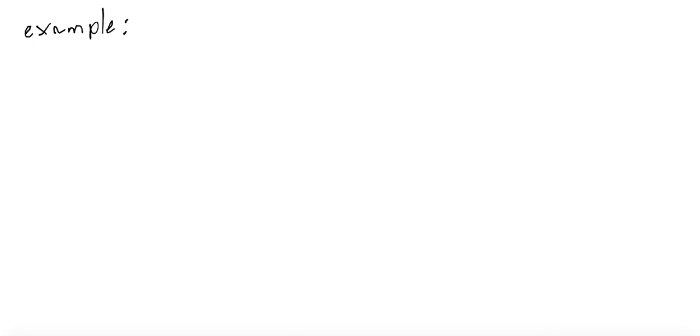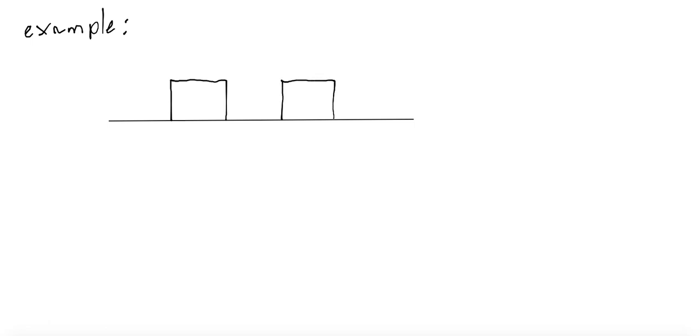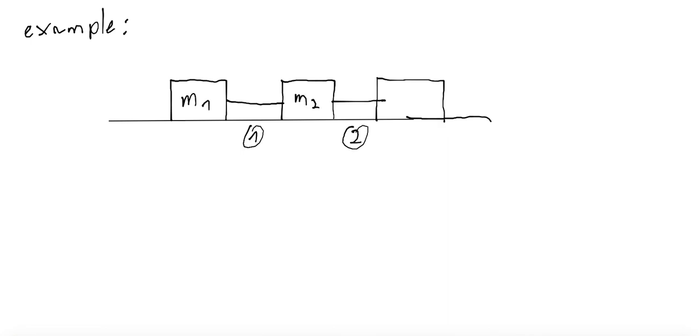So let's imagine a little bit more complicated example. Okay, you have three masses, mass m1, m2 and m3, connected by two strings, string number 1 and string number 2. So this is mass m1, this is mass m2, this is mass m3.